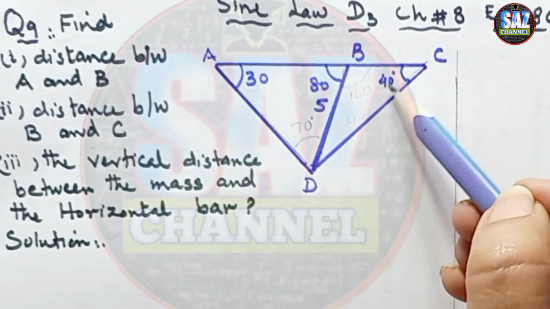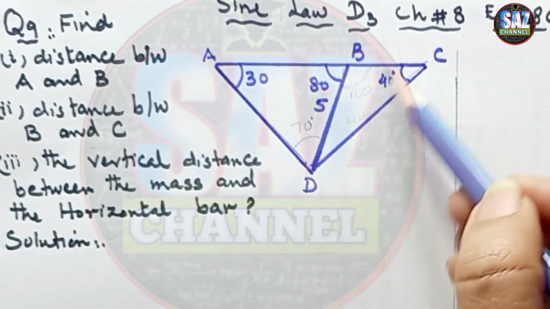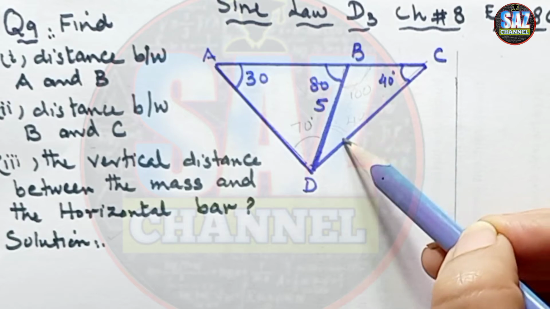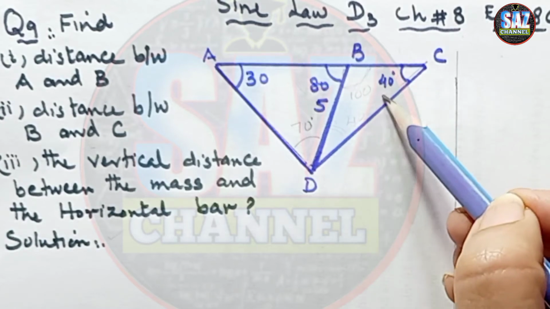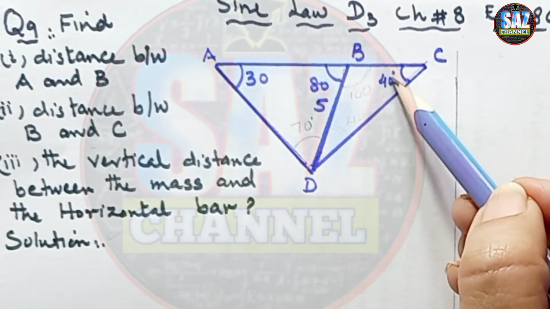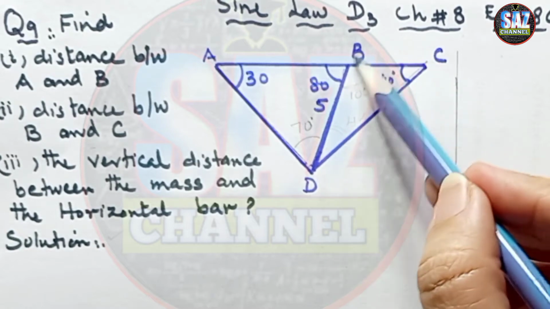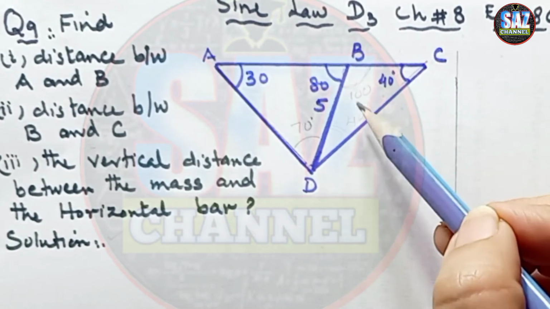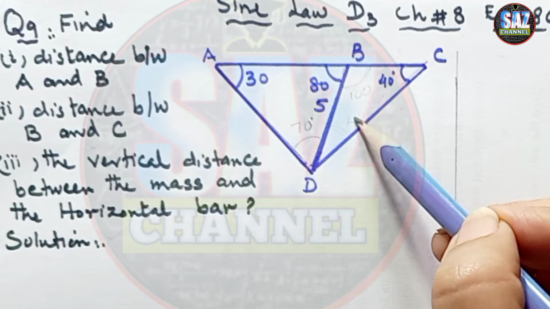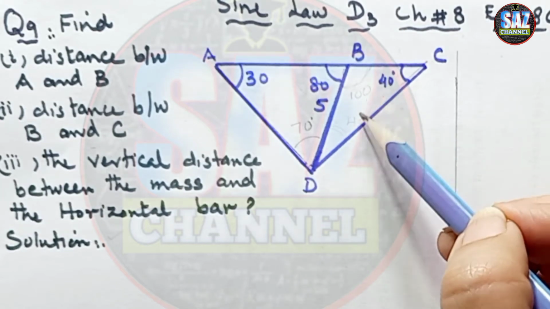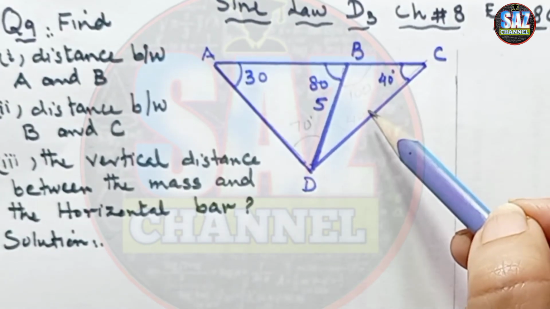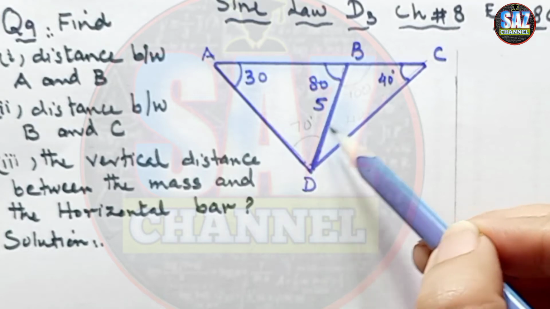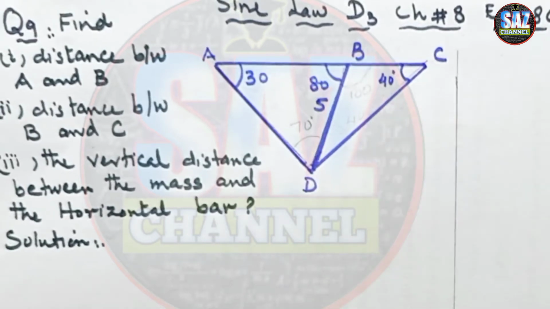Now look, in this triangle BCD, two angles are of measure 40 each. So if we need to determine what type of triangle BCD is, recall when two angles in the triangle are of the same measure, that will be an isosceles triangle. So always do rough calculations before going to the solution.